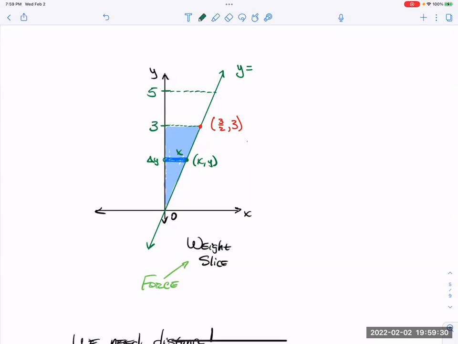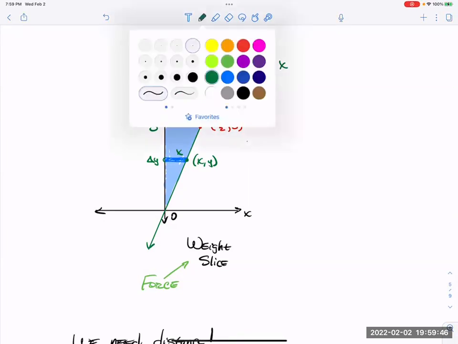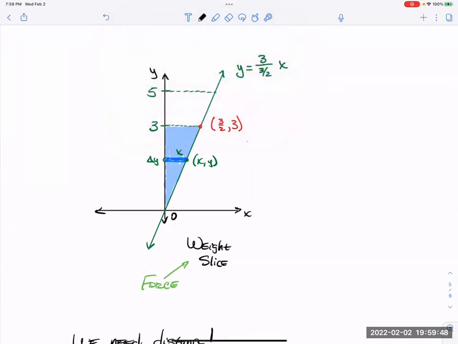So the equation of this line would be y equals change of y over change of x. My change of y is 3, my change of x is 3/2, right? And that would be x. Now, if we simplify this, 3 divided by 1.5, it becomes y equals 2x. So this is the equation of this line right here.